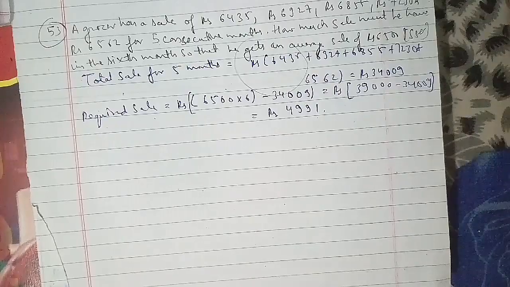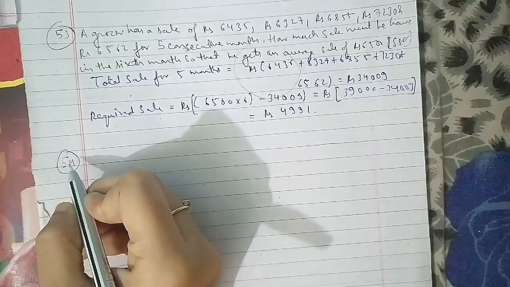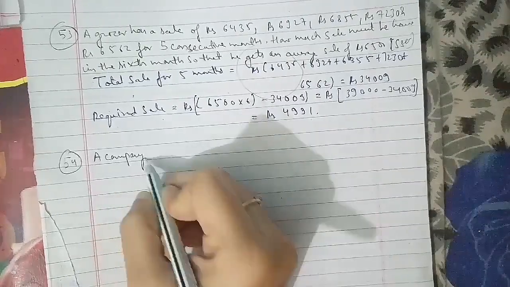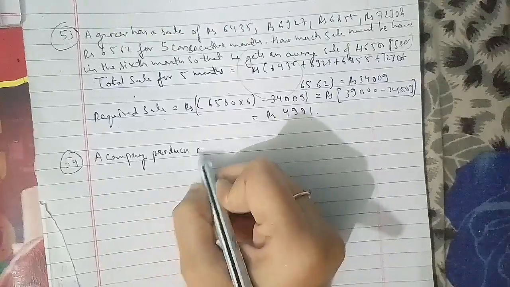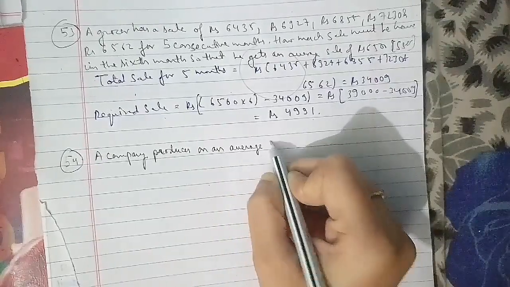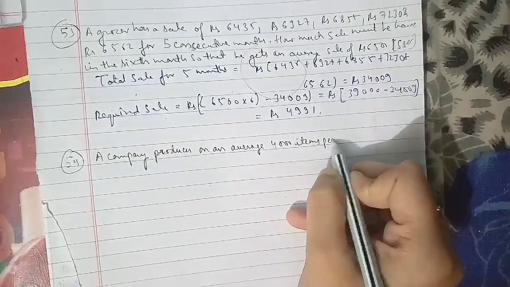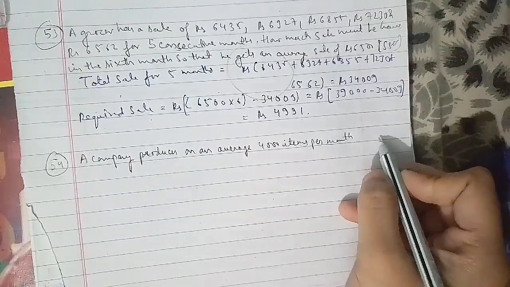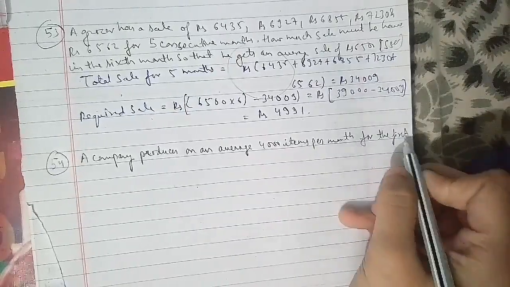So here we go ahead with another question, which is your 54th question of the sessions. As I told you, the question is: a company produces on an average 4,000 items per month for the first 3 months.